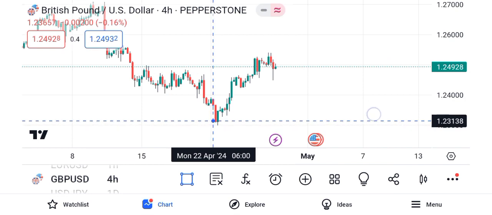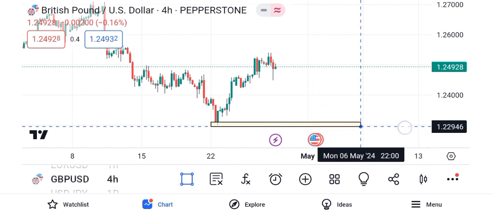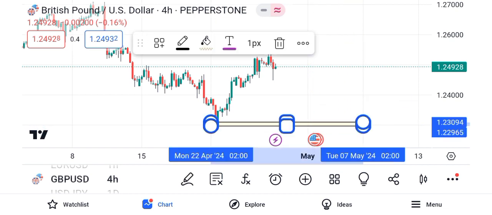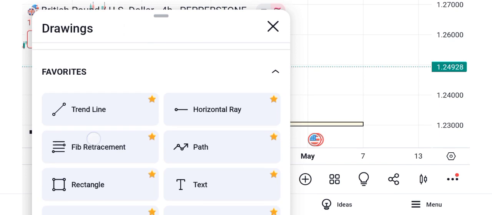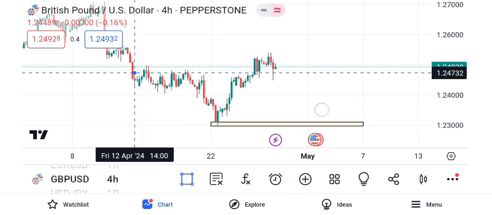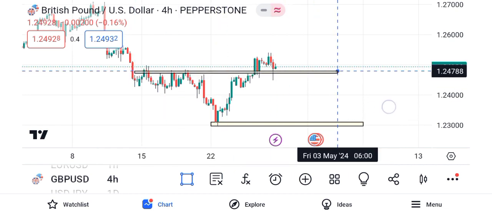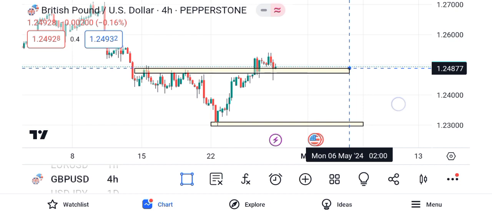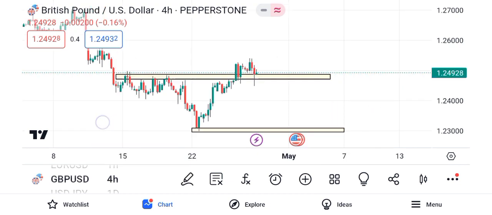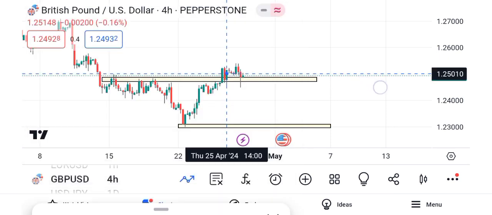We have a zone of interest here, then we also have another zone of interest here. So we'll be looking for buying opportunities on all those zones we've identified.